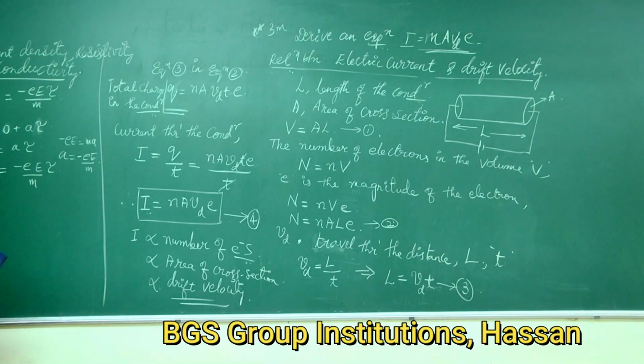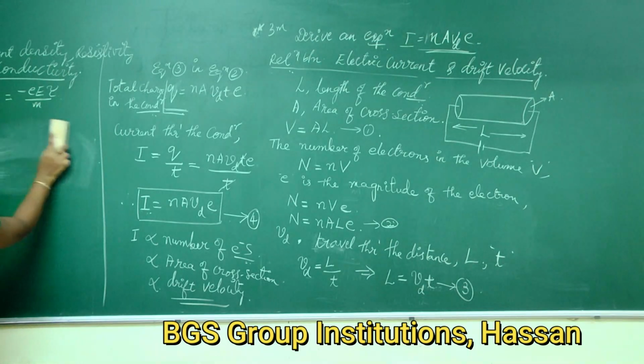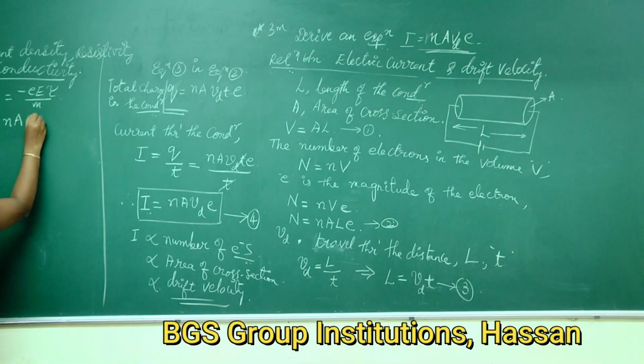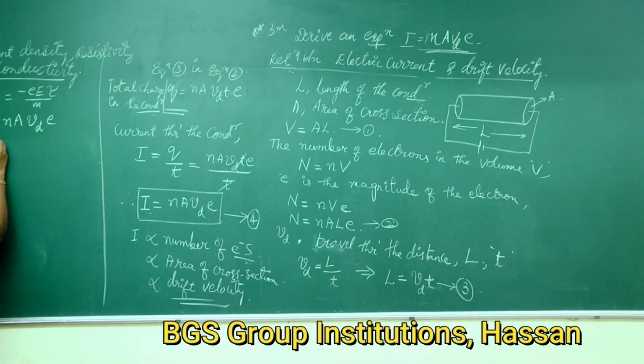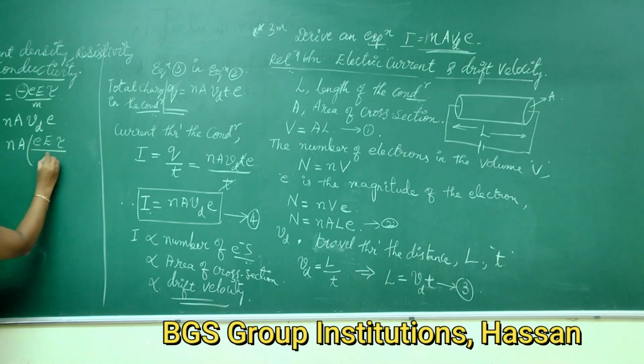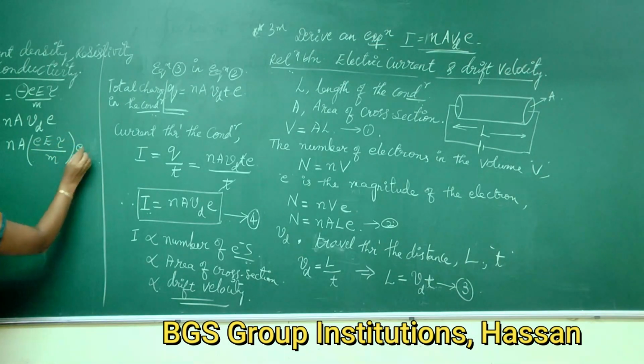Now substitute this value in the expression of current, I is equal to N A Vd e. What is Vd now? Neglect the negative symbol. eE tau divided by m into e.